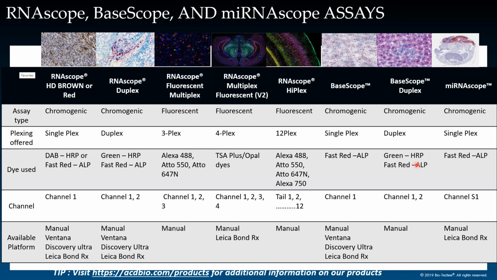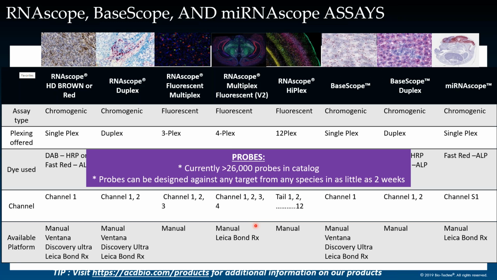A lot of these assays are available both in chromogenic and fluorescent platforms, and we also make these assays available in manual and automated platforms. So based on your capabilities and infrastructure, you can select the assay that suits best for your research.